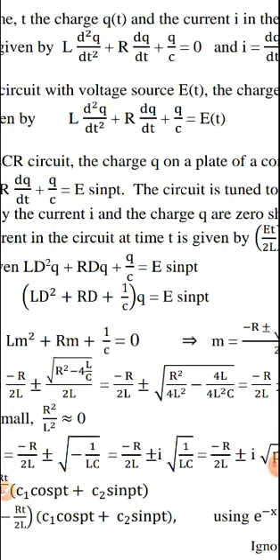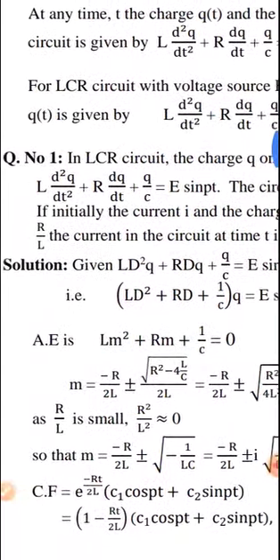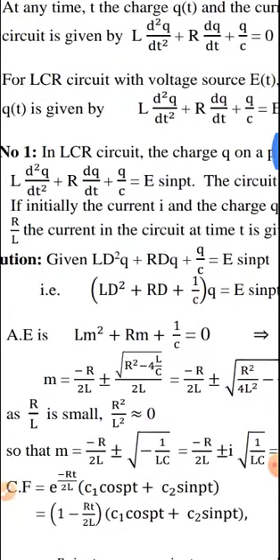To find the solution q, we need to find the complementary function and particular integral. So to get the complementary function, we start with the auxiliary equation, and the auxiliary equation is L into m square plus R into m plus 1 by c equal to 0, which is a quadratic equation in m.